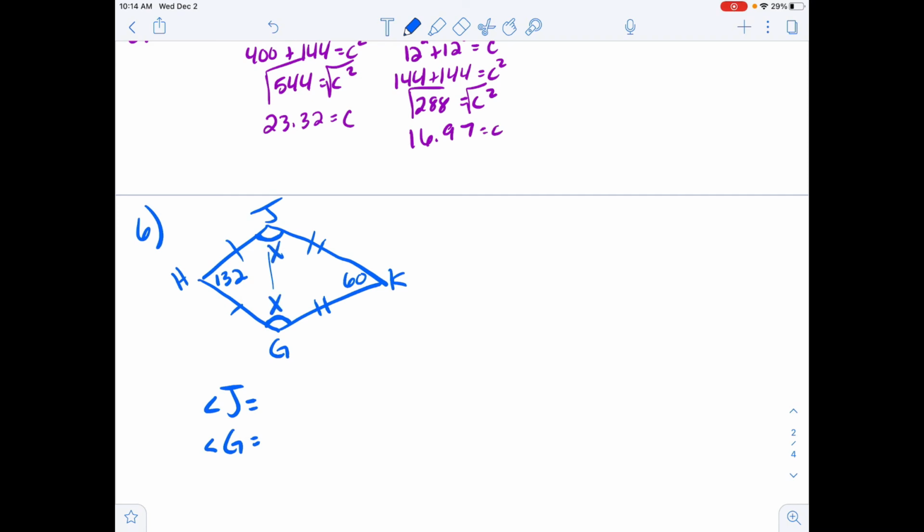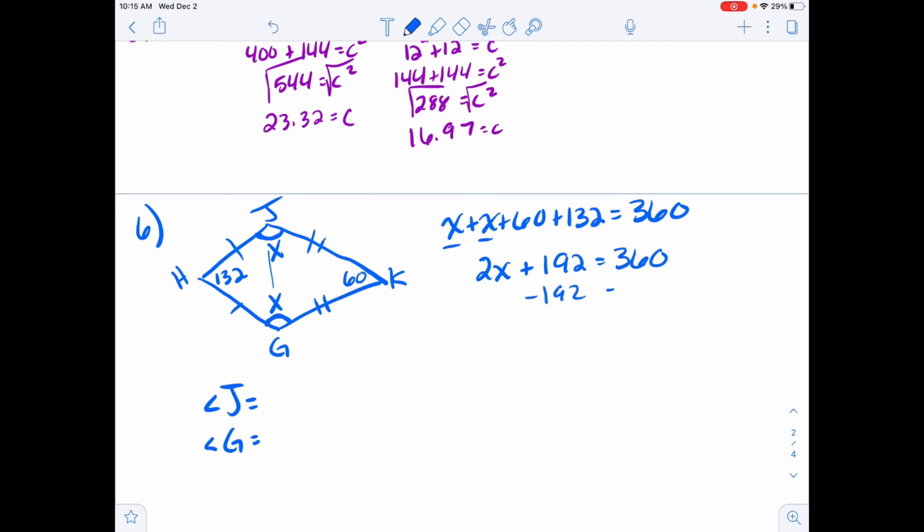Now, this is a four-sided figure. What do all the angles of four-sided figures add to be? 360. So we're going to add all the angles up and set it equal to 360 degrees. Add your x's together. We have 2x plus 192 equals 360, and then solve it down.